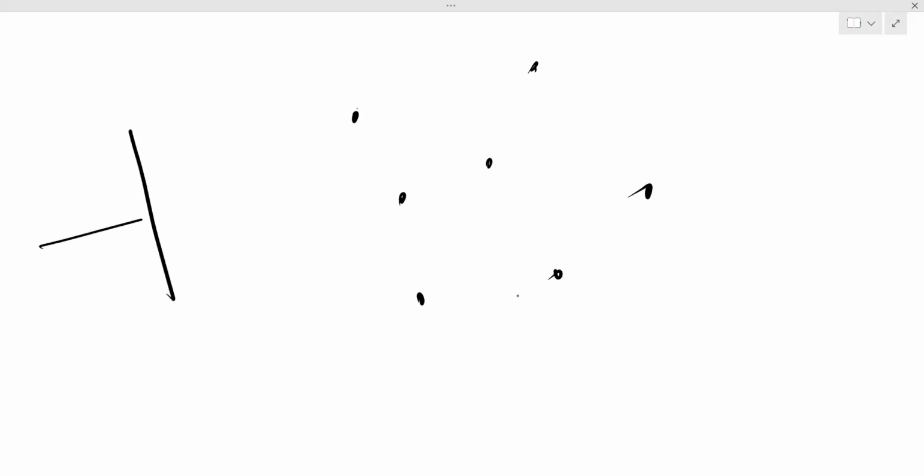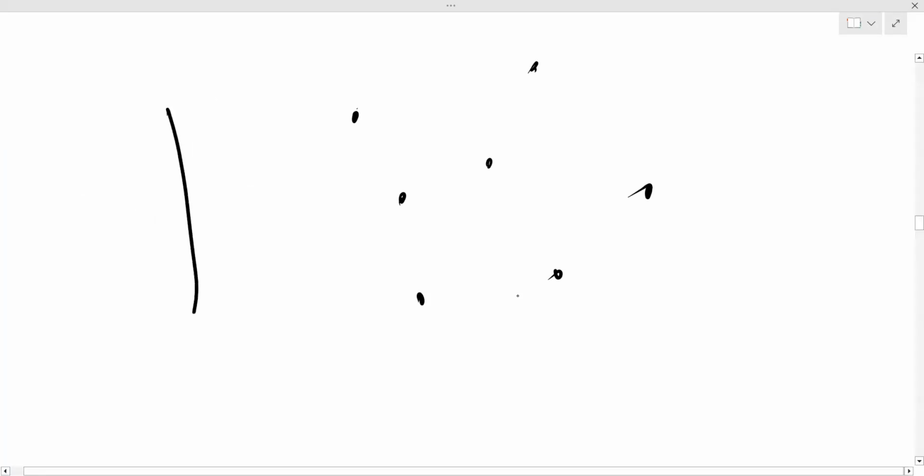So basically, we're given n points on a 2D plane like this, and these are the 4 directions, right? These are the 8 directions.